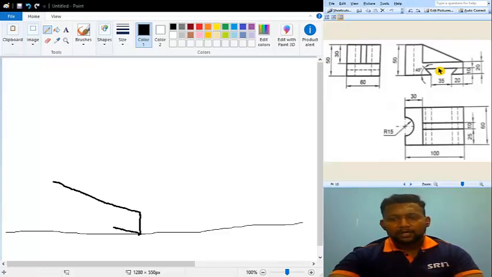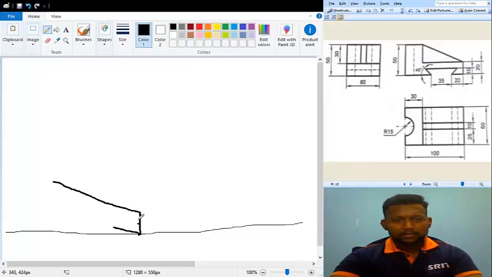Once again I am coming back to this particular point. From here I don't have any length, but I have an inclination, and at a distance of 10 mm I have some particular line. First try to mark here a distance of 10 mm.